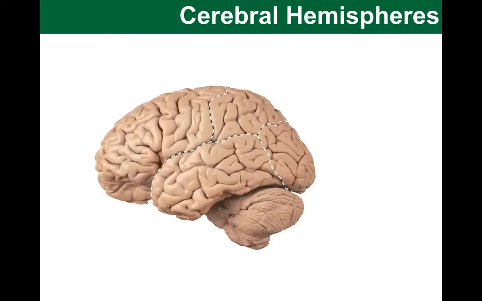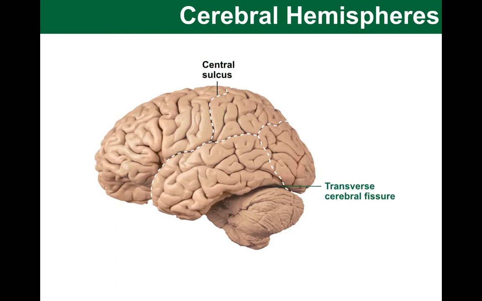I would also like to discuss with you the major sulci and fissures that we can see here. The longitudinal fissure we already discussed, right? It separates the right and left cerebral hemispheres. The central sulcus separates the frontal and parietal lobes. It is usually very prominent and easily visible on a human brain.